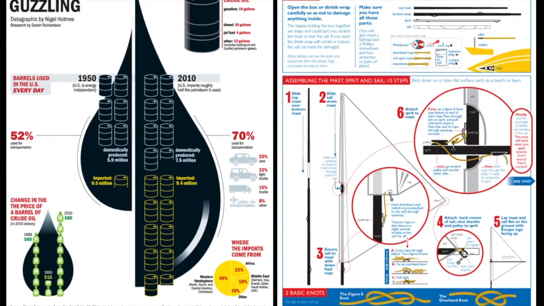Now this is an example of what you might see from Nigel Holmes, which is the exact opposite. He has a fine arts degree. He is a graphic designer by trade, more than a statistician, but he does both really well. And his are, of course, much more visually attracting, much more compelling.